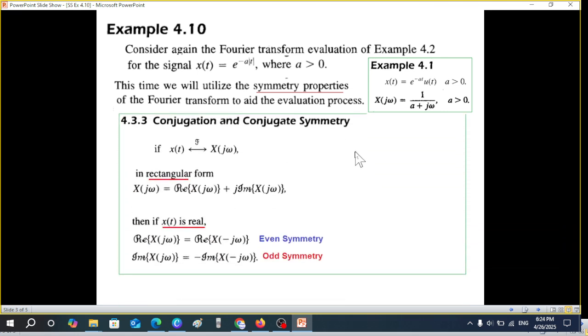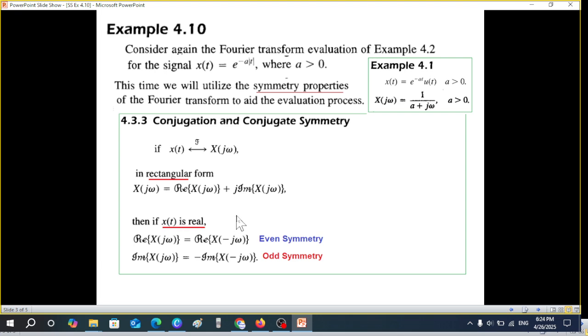Now in the symmetry property, we will just discuss that if the Fourier transform is X(j omega), which is a complex function, then it can be written as the real part of X(j omega) and the imaginary part of X(j omega).